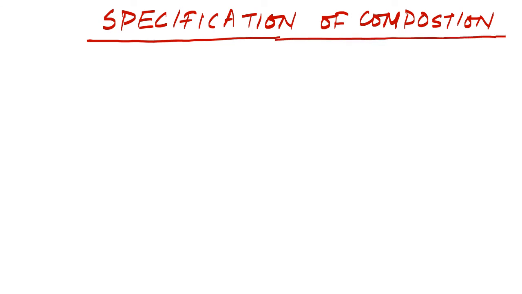So it means we are now going to express the concentration of an alloy in terms of its constituent elements, right? And it can be presented in various ways. Mostly, the common way to specify composition is the weight percent and the atom percent.